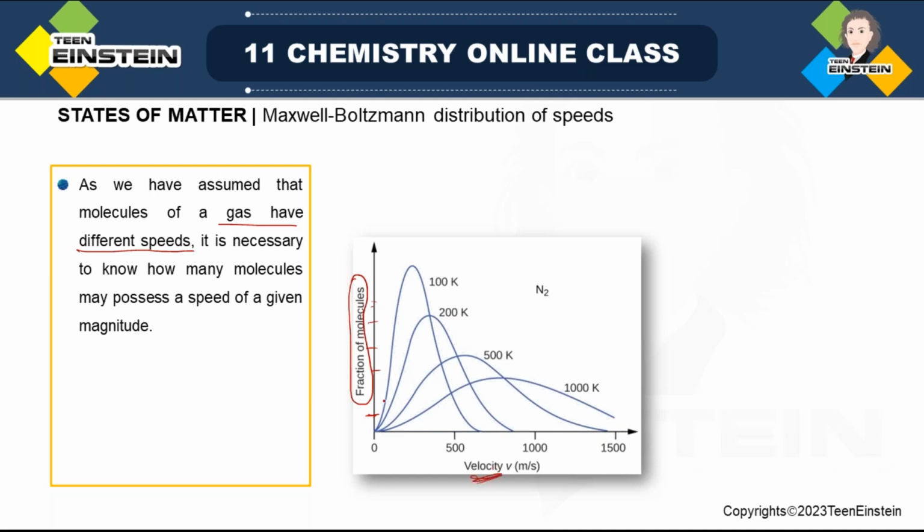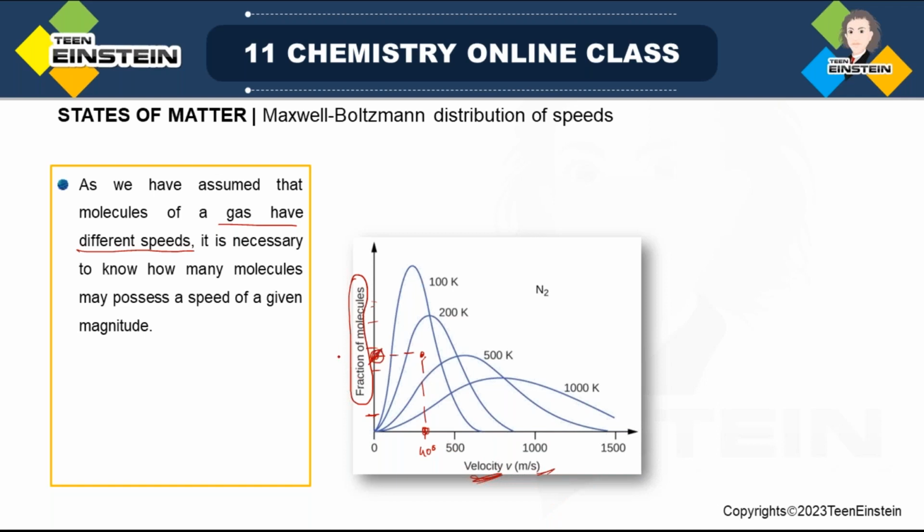Fine. So suppose I am arbitrarily choosing this point. If I draw 2 lines to the x-axis and y-axis, this value somewhere, suppose it is 400, so 400 velocity, that is 400 meter per second. This velocity will be for this fraction of molecules.